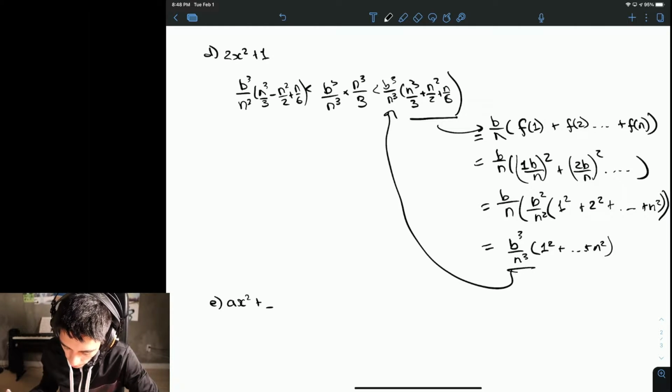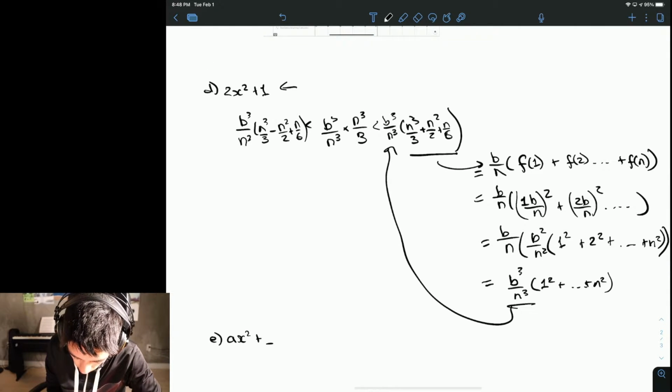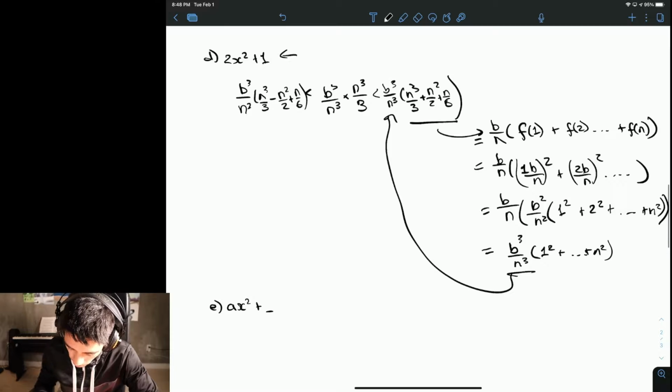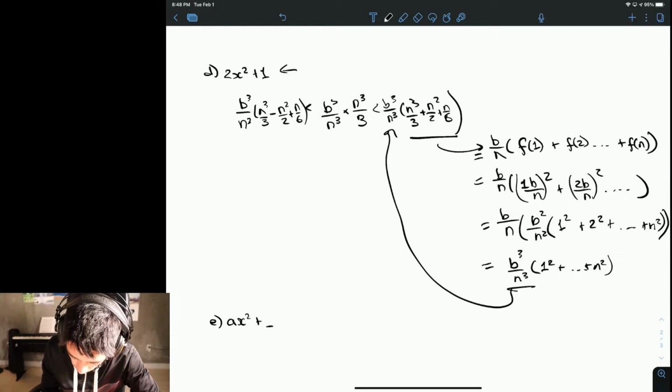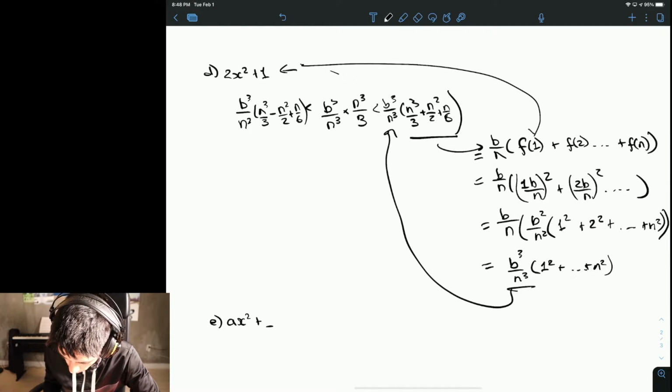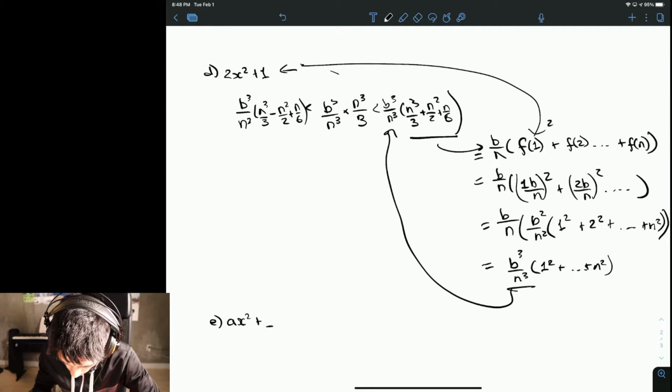We can still do that, right? When we let this become f of x here, we can still factor the 2 out of here. We can factor out the consequence of x squared, and we can also factor out the plus 1s.